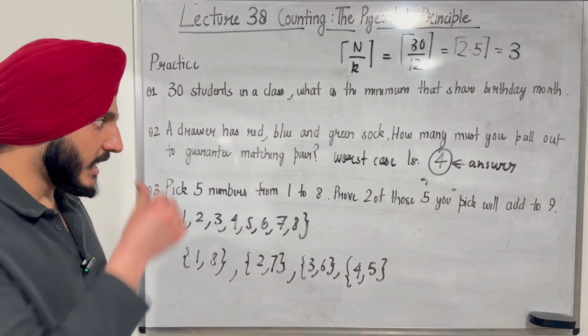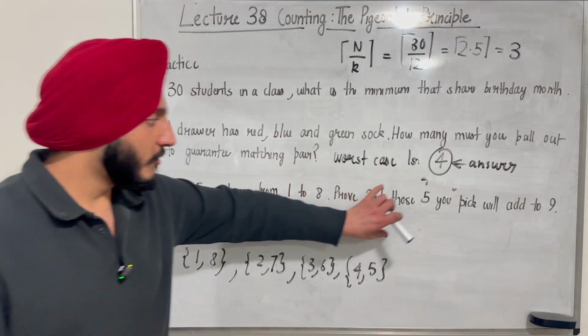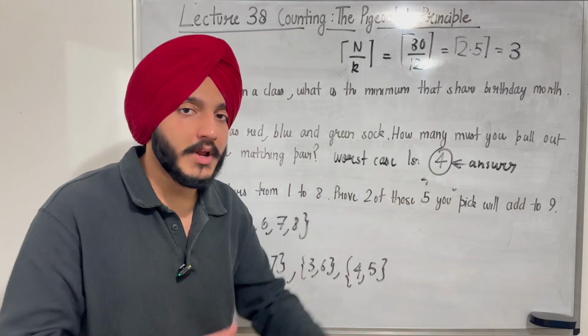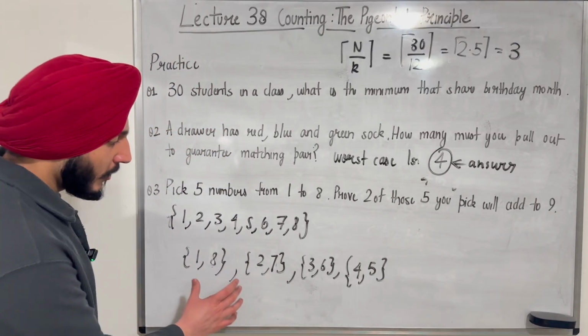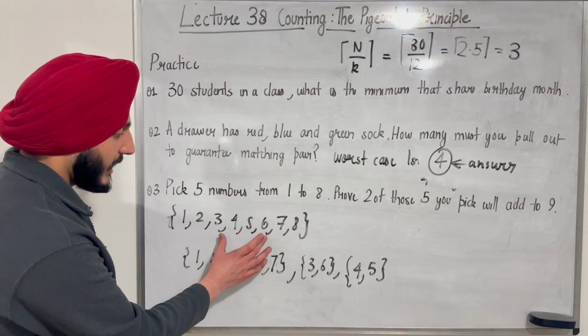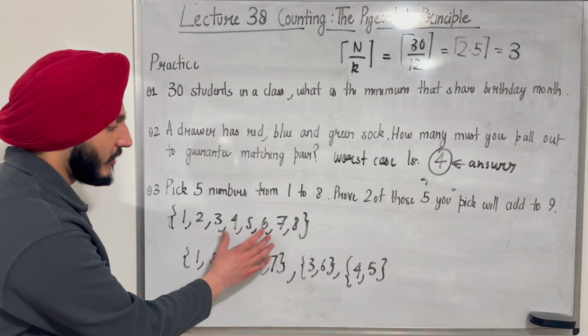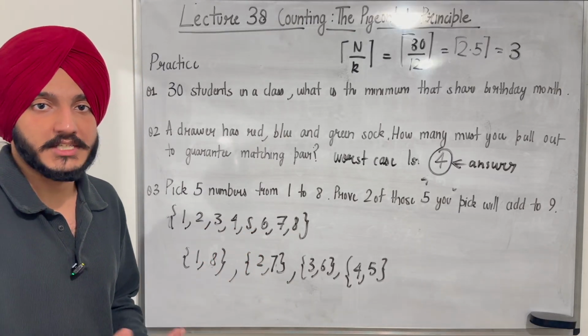The question is saying that you pick 5 numbers from 1 to 8 and you need to prove that 2 of those you pick will definitely add up to 9. Let's just think about this, right? Now think about these pairs as actual boxes and your 5 numbers as the actual objects that you're using.